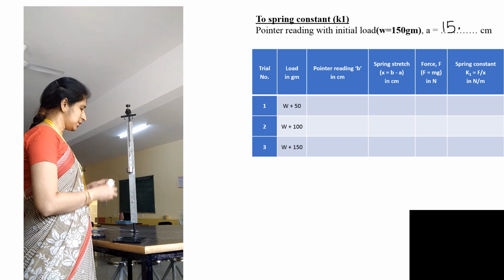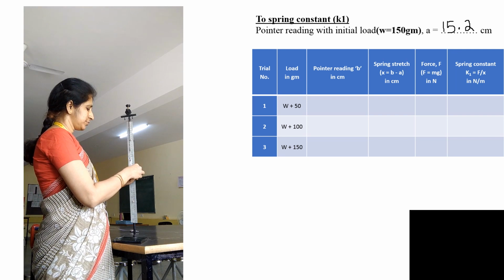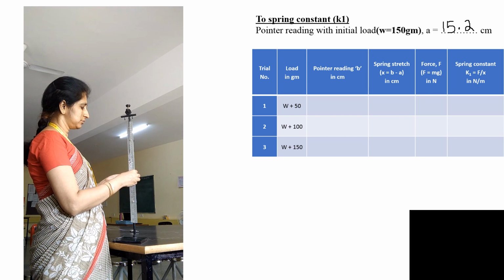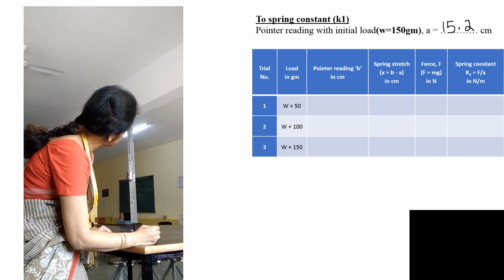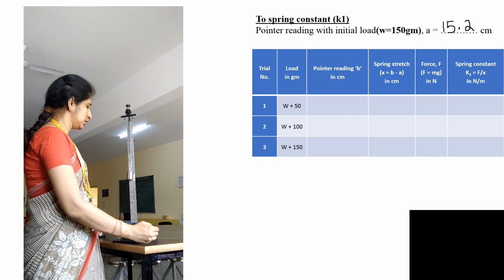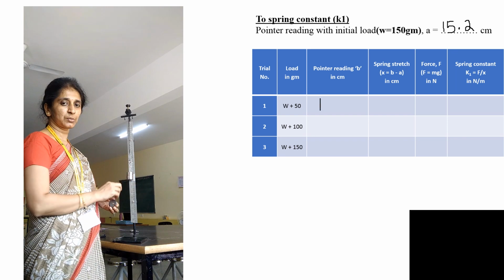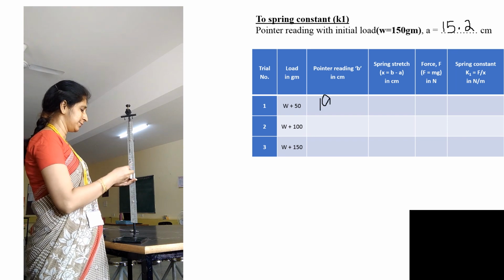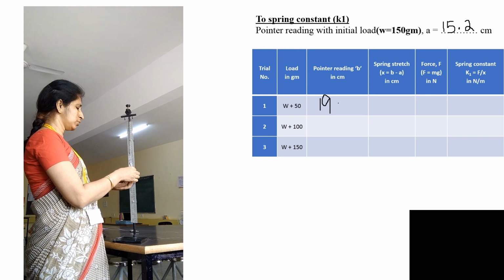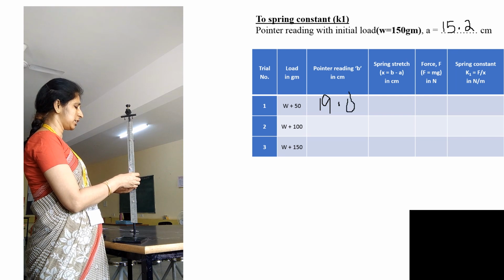Next, put another 50 gram and note down the pointer reading. The pointer reading appears to be 19.0. So for initial load plus 50 gram, the pointer reading is 19.0. Now let me put another 50 gram. Now the load applied is totally 100 along with the initial load.